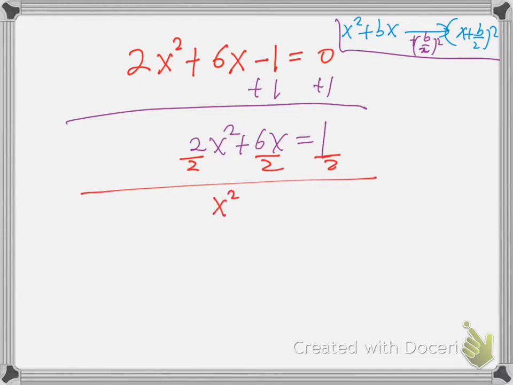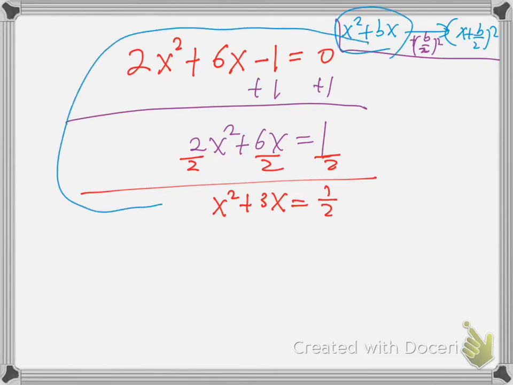You will get x squared plus 3x is 1/2. So now we got this x squared plus bx part. We got it here. So this is our completing square method for this ABC. Here our B is 3, A is 1.